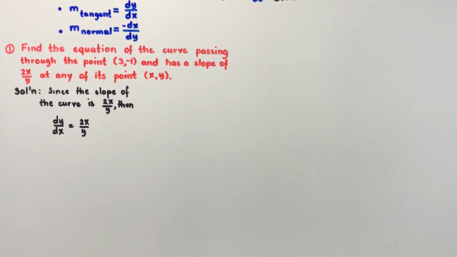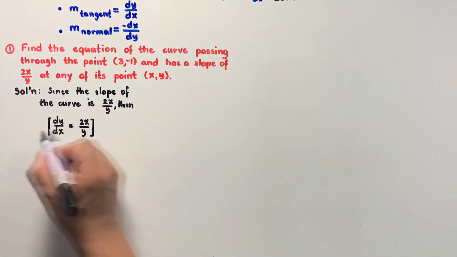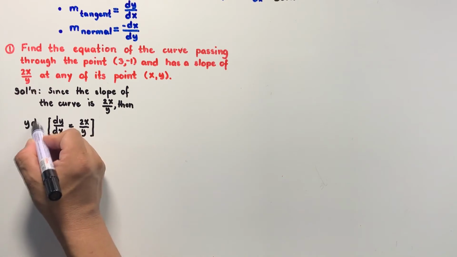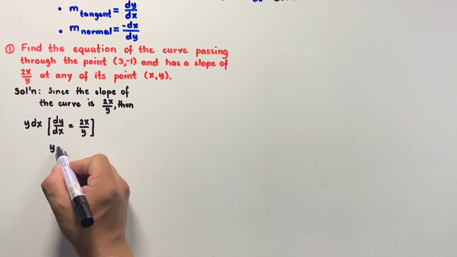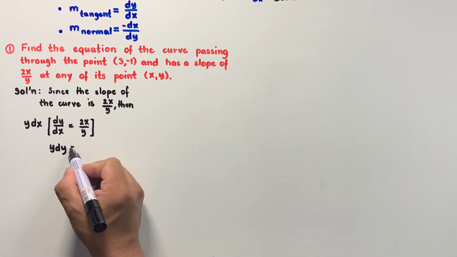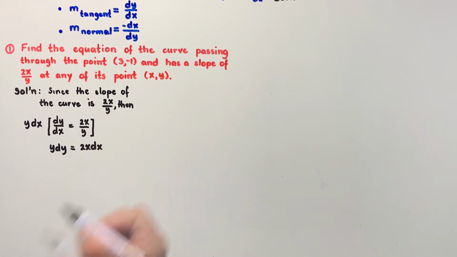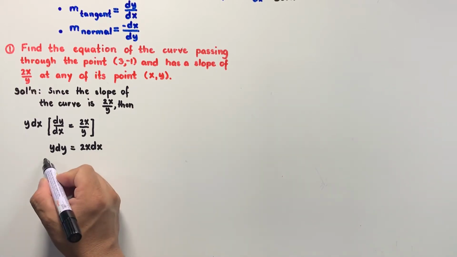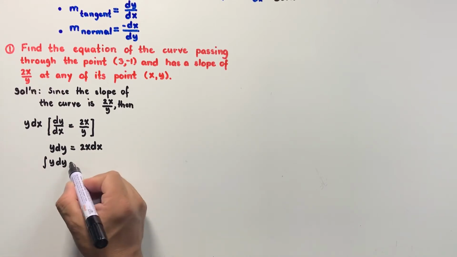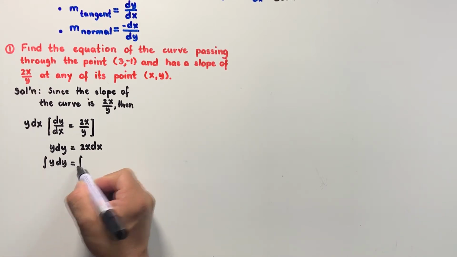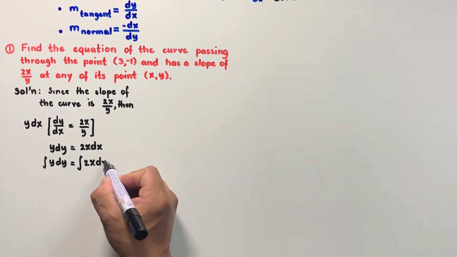And when we multiply both sides of the equation by y dx, we have y dy, which is equal to 2x dx. And when we integrate both sides of the equation, we have the integral of y dy is equal to the integral of 2x dx.